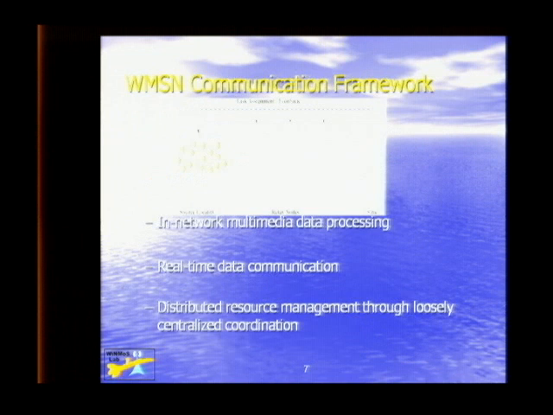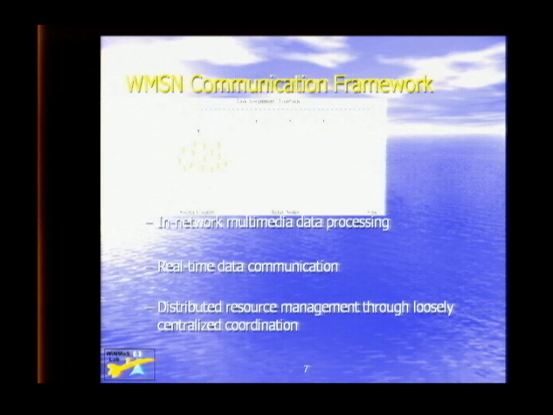So what we do here is introduce three lines of functionality that we feel are necessary to support a multimedia wireless sensor network. The first is in-network multimedia data processing. You get the data from a locality, and you need to reduce its volume for communication purposes.